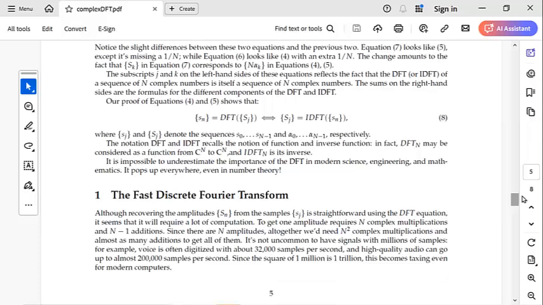And this is really essential because, as this paragraph describes here, and you can read this paragraph, doing the Fourier transform directly takes a lot of computation. And the fast Fourier transform really cuts it down tremendously. And fast Fourier transforms are used every day.